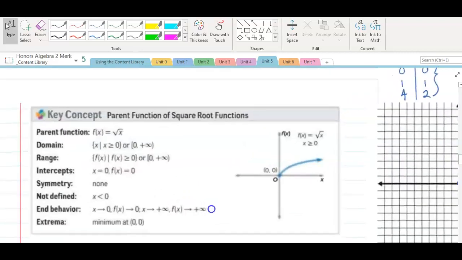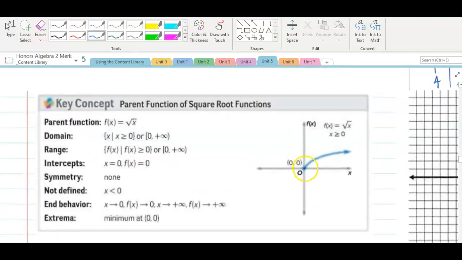When we look at this parent function, the domain is all positive numbers, because when we think about domain, we're just looking at the x values. So as I move across this yellow line, when do I get to the graph? It starts right here. And from here to the right, I have the graph, not over here. This is where x is positive.